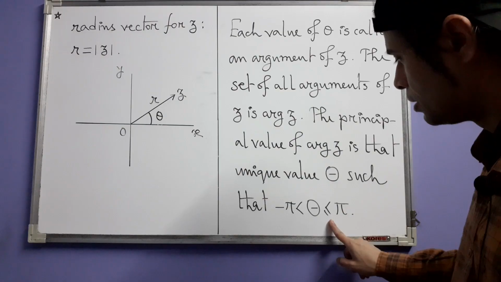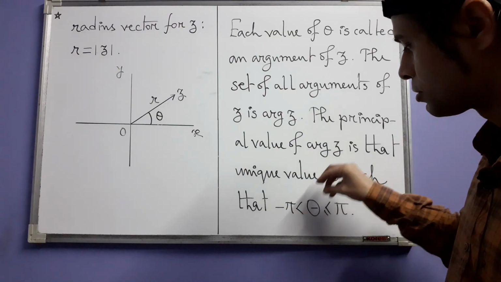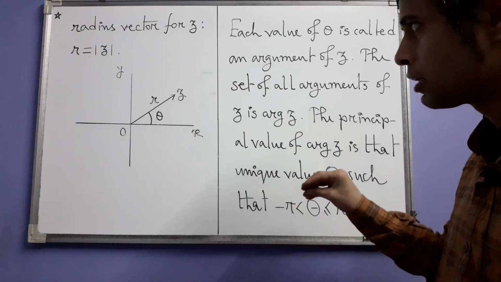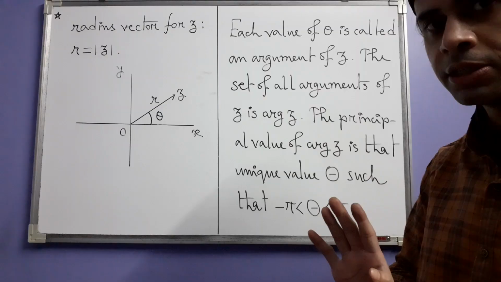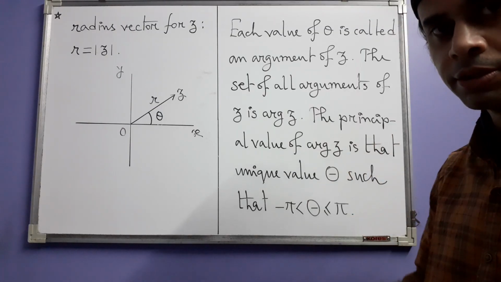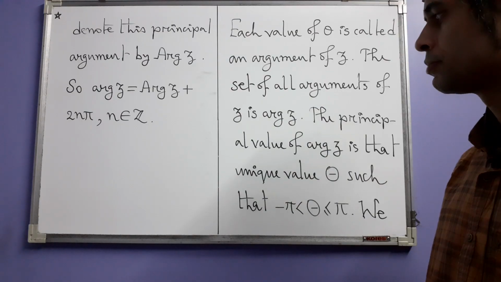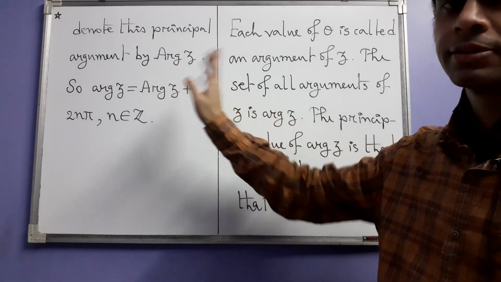Here you have strict inequality, and this is also sometimes called the principal argument of that complex number. There are infinitely many arguments, but only one principal argument which satisfies these inequalities. And we denote this principal argument by capital Arg z.